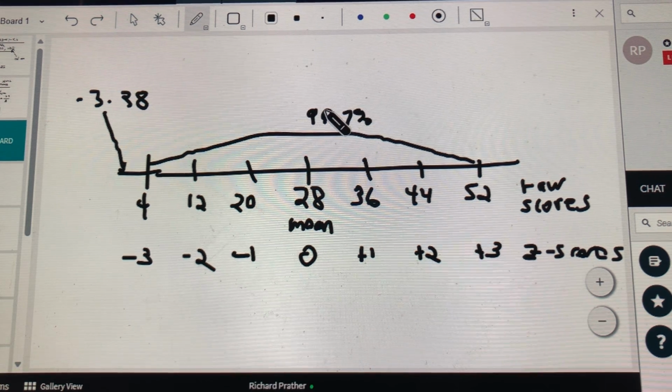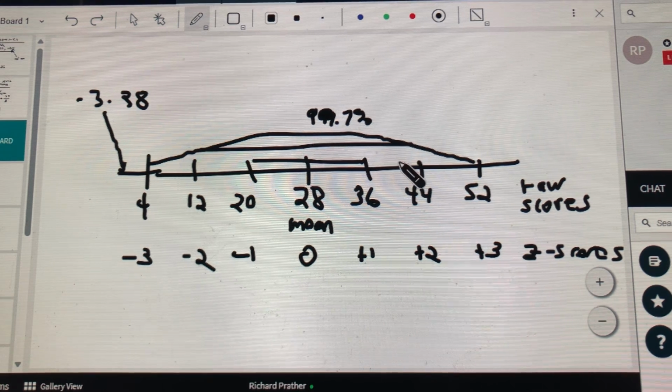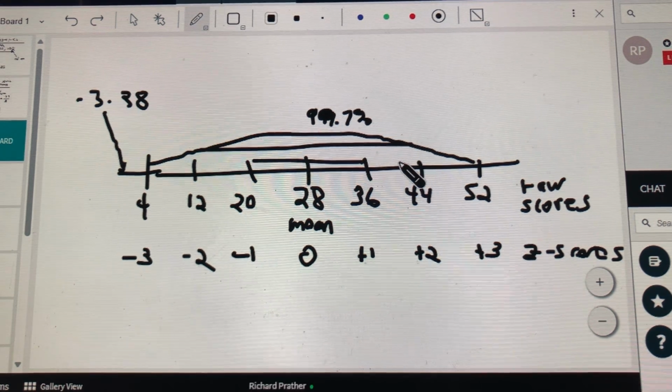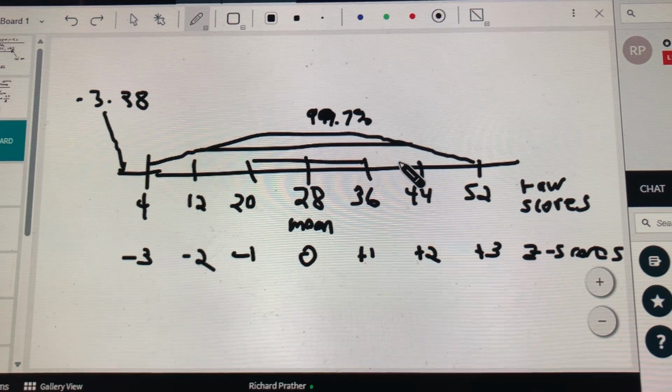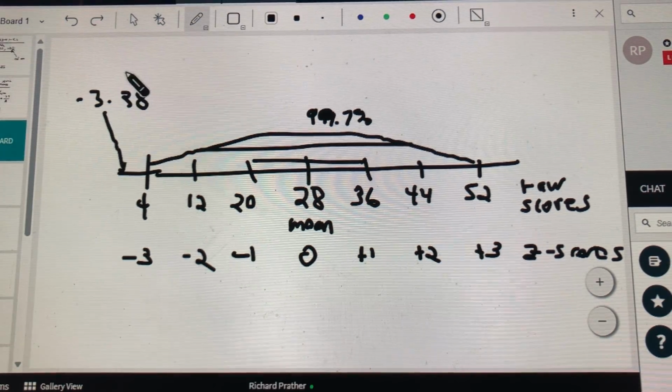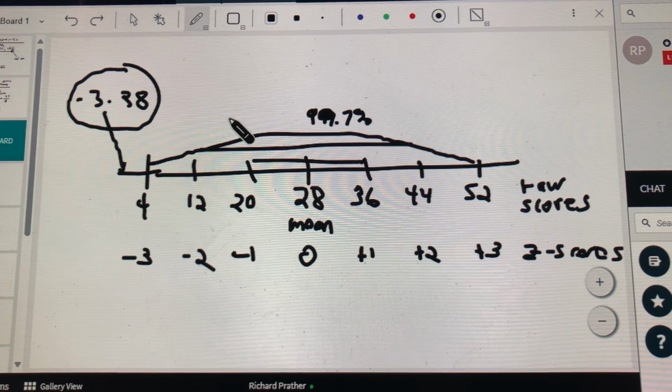Remember, in the homework it would say almost all of it. 68% of the time you're within the first place, then 95 is the second place out, and the third place is 99.7. So almost every z-score is between +3 and -3. Only a few are beyond that. And here's one that is. This -3, this is an exceptionally low score because it's past -3.